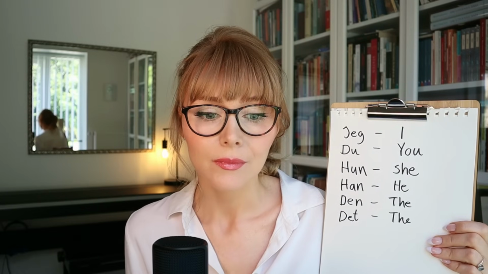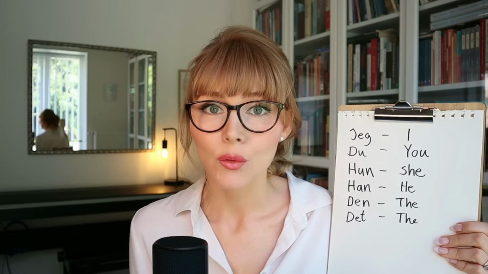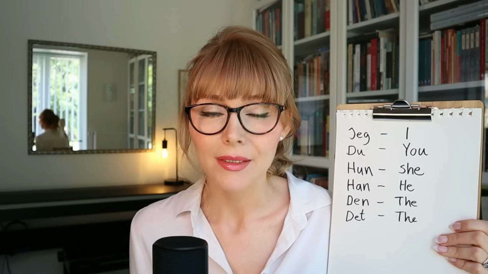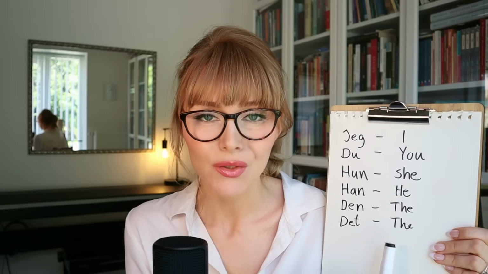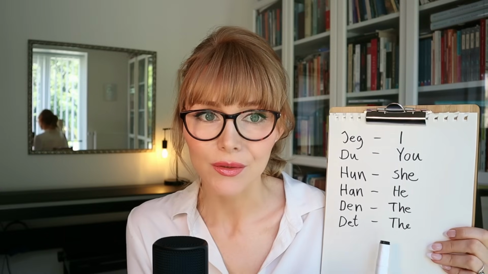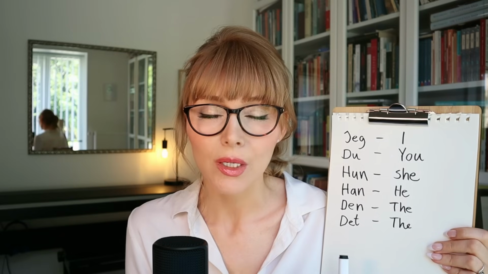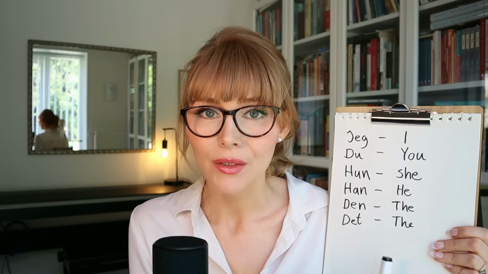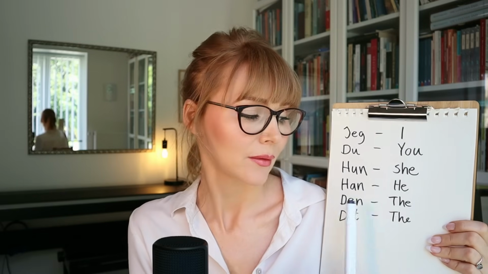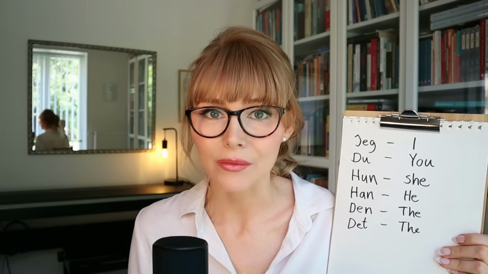Or you will say en stol or stolen. You will also say den stol. So, if you can put en in front of the word, you can also put den in front of the word.